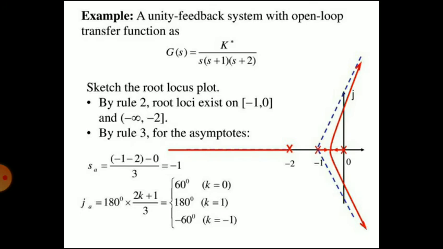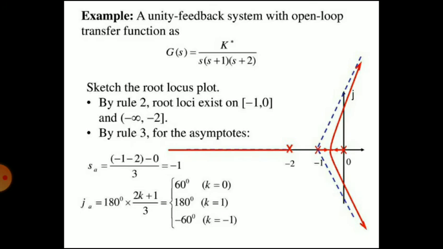When you take a point in between minus 2 and minus infinity, on the right hand side of that point there are 3 poles, that is an odd number, so that point will be on the root locus.